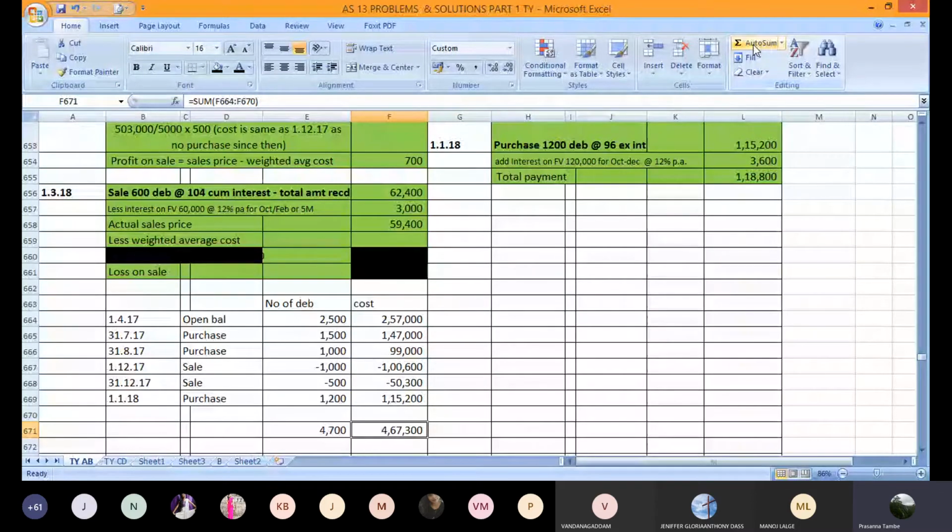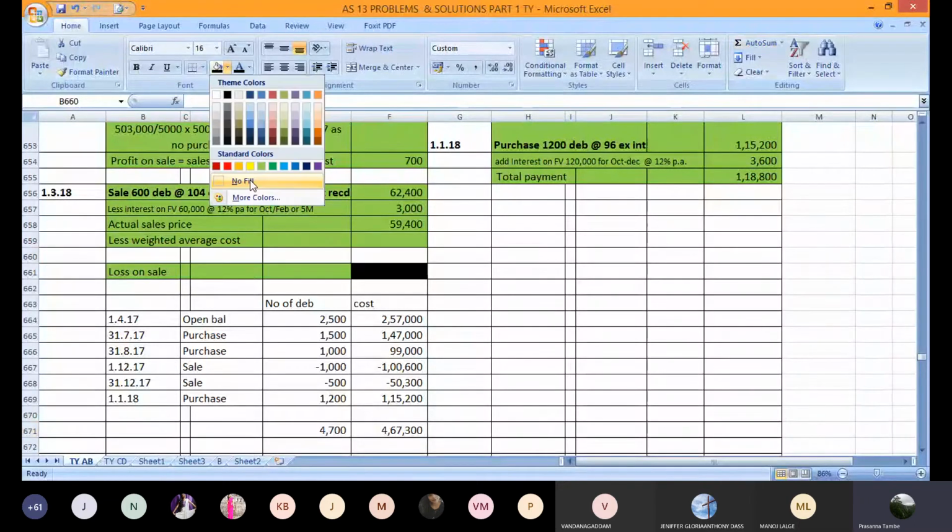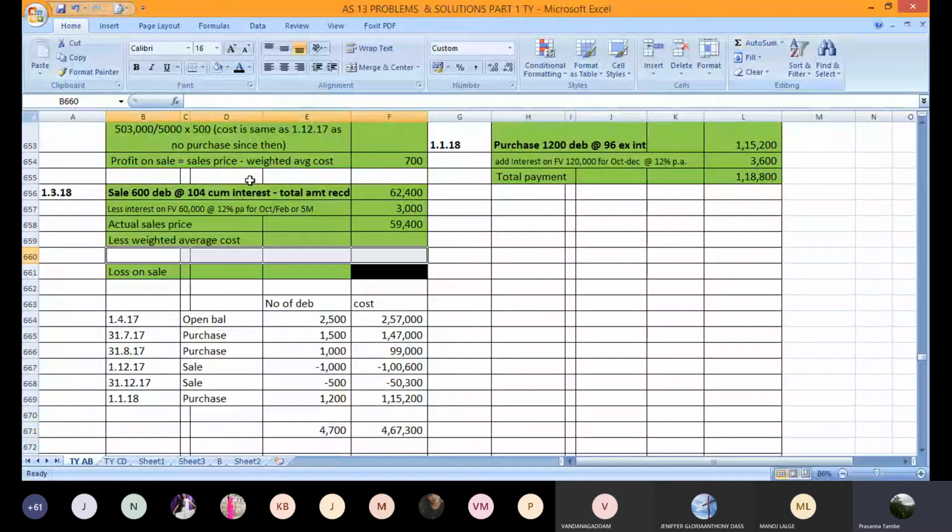So 4,000 debentures are currently in hand, and the total cost of these debentures works out to 4,67,300. So our formula will be: number of debentures sold, 600, divided by total number of debentures in hand, 4,700, multiplied by cost, 467,300.